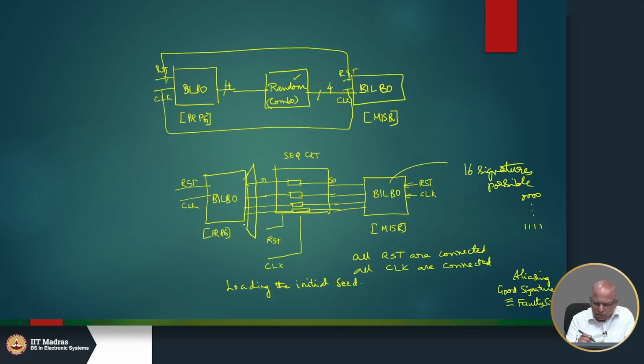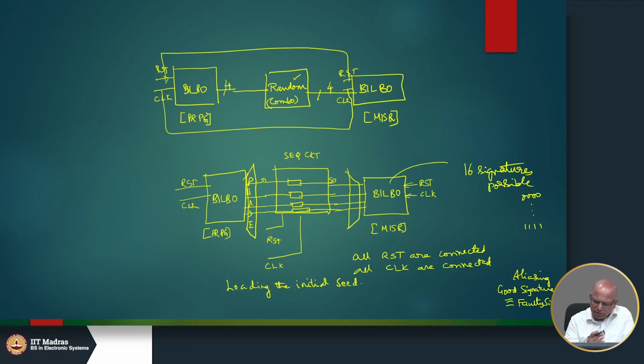I did not do it in my experiment. So, I could use a phase shifter here, that helps. It helps to reduce the correlation between two outputs of the BILBO, and that helps. Some people will also put a reverse phase shifter here.